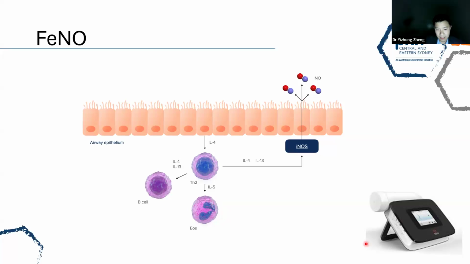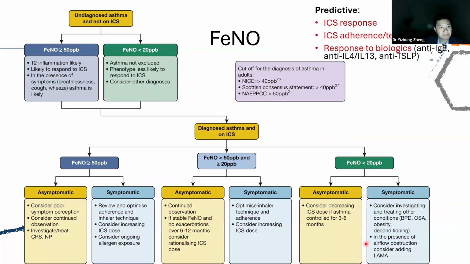The handheld device, I guess in the UK, is funded by the NHS for GPs to perform, but currently the Medicare system does not fund any FeNO measurements in community GP practice, unfortunately. FeNO can assist in the diagnosis of asthma, and an elevated FeNO in the presence of suggestive symptoms supports the diagnosis of asthma and indicates they're likely inhaled corticosteroid responsive.